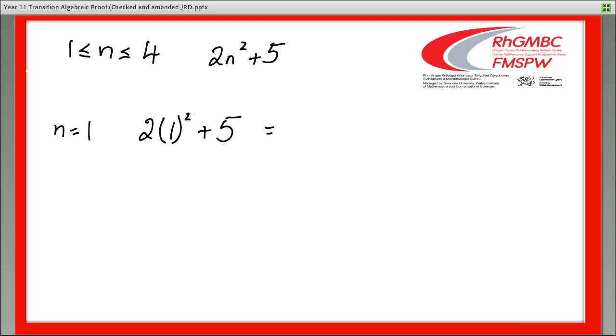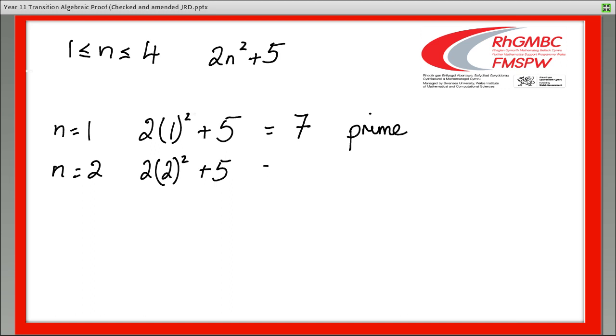So you literally go n equals 1. So we've got 2 lots of 1 squared plus 5. And that comes to a grand total of 7. And that is a prime number.